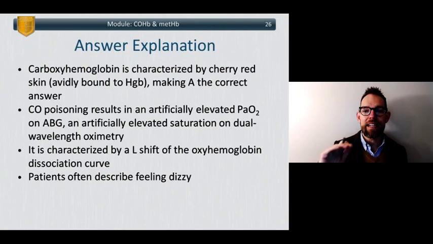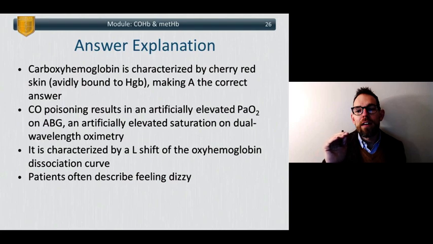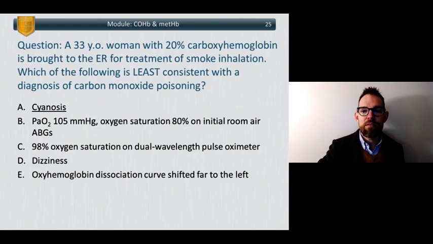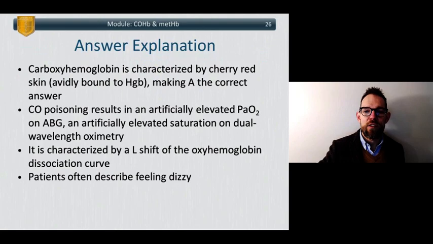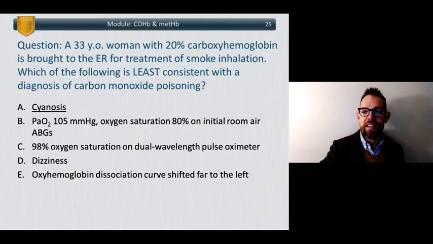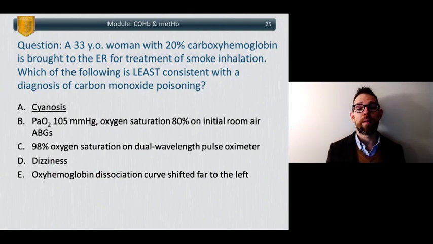What we see is carbon monoxide poisoning actually artificially elevates the PaO2. So we see a PaO2 that's relatively normal on room air. And oxygen saturation is actually going to be high with carboxyhemoglobin.